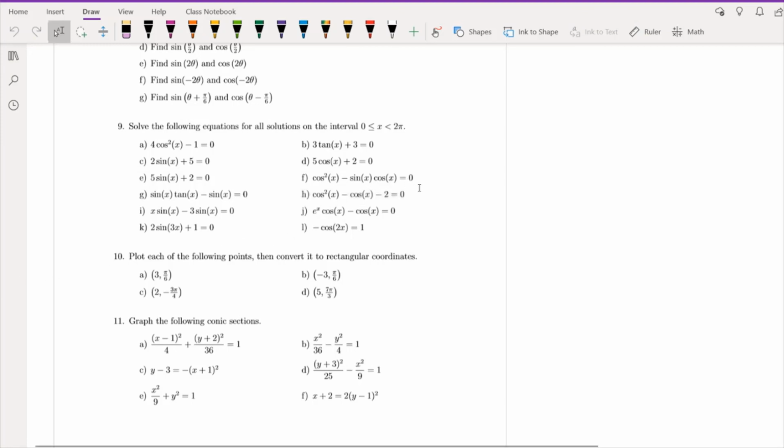Things like the one that we're working on now and h involve factoring. But for something that looks like a, b, c, d, or e, none of those you have to factor because you only have one trig function by itself. In those cases, you want to start by isolating your trig function. But for everything from F through J, those are all going to require factoring.